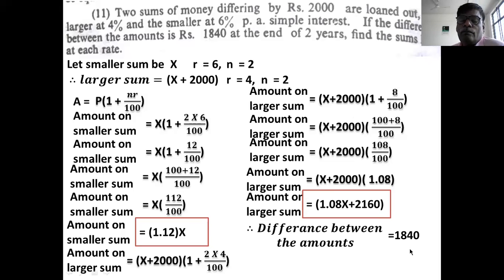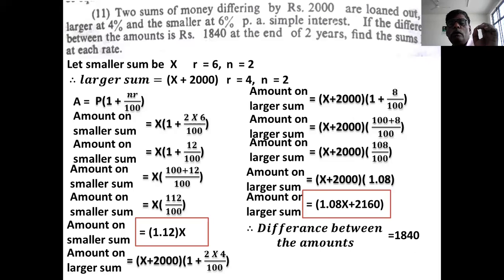Clear? Then I will make this statement tally. Difference between the amounts means you take the larger amount and deduct the smaller amount. Larger amount minus smaller amount is called the difference. So larger amount minus smaller amount is equal to 1840.